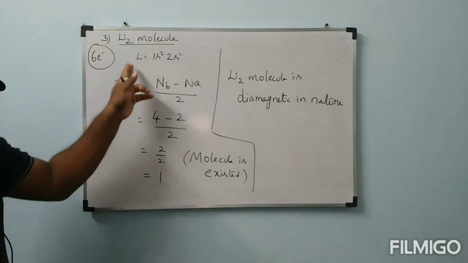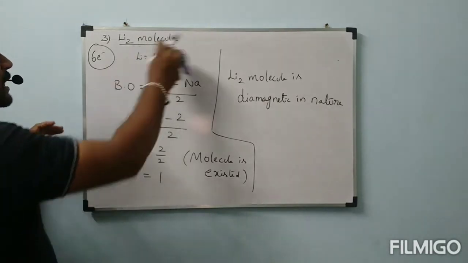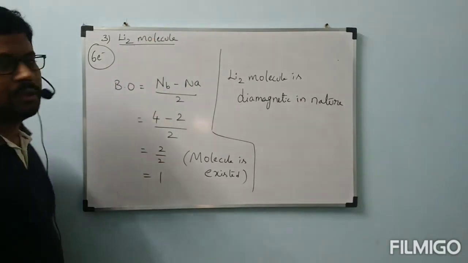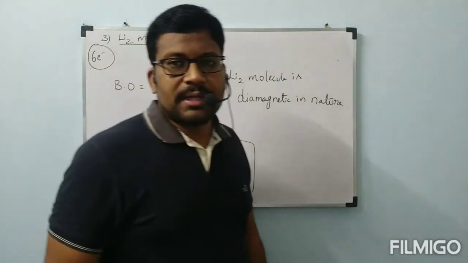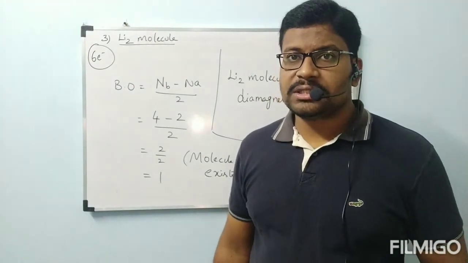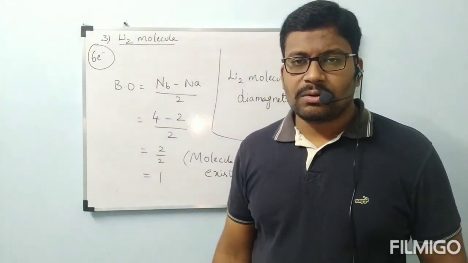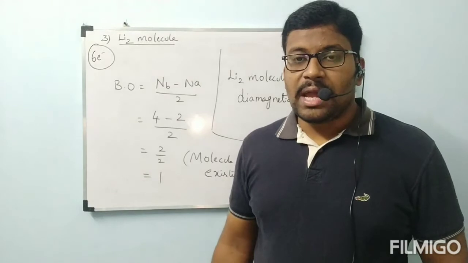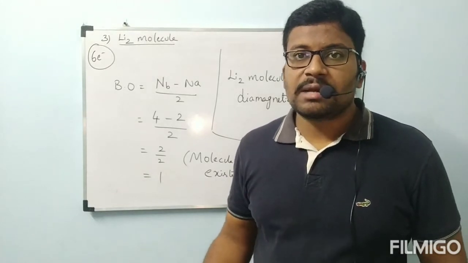Total number of electrons present in the Li2 molecule. As this is molecular orbital theory, we have to consider only molecules now. So we are going to write the electronic configuration for molecules only, considering only molecular orbitals.